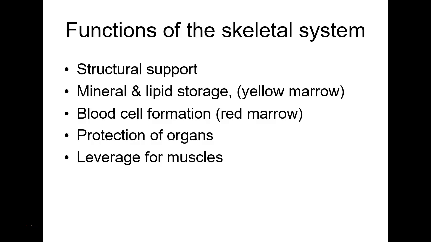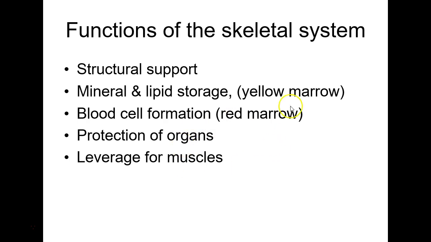So, functions of the skeletal system: structural support, mineral and lipid storage, blood cell formation. So don't forget you have red bone marrow that's making blood. Yellow bone marrow is mostly fat, but it can be called upon to make blood if necessary. Protection of organs. Just think your hard ribs on the outside protect the soft heart and lungs on the inside.